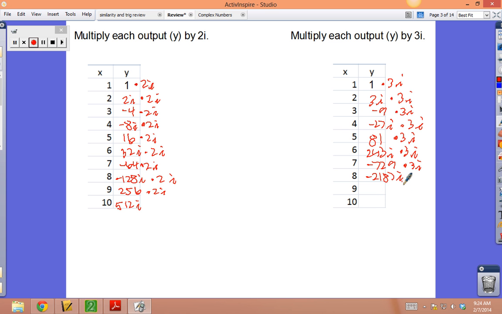Negative 2,187i times 3i. I know it's going to be real, and I know it's going to be positive. 6,561 times 3 imaginaries. I know it's going to be imaginary. And 6,561 times 3 is 19,683.